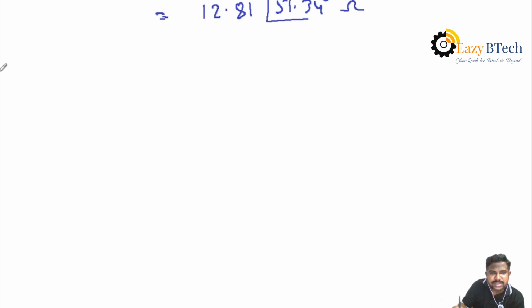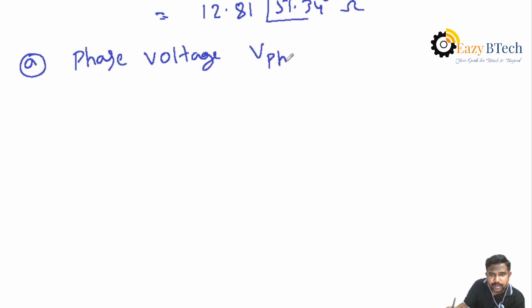Then first, find out the values. What are the values we have to find out? The first value is phase voltage, denoted by V suffix PH. In star system, we know the relation between the line voltage and phase voltage.